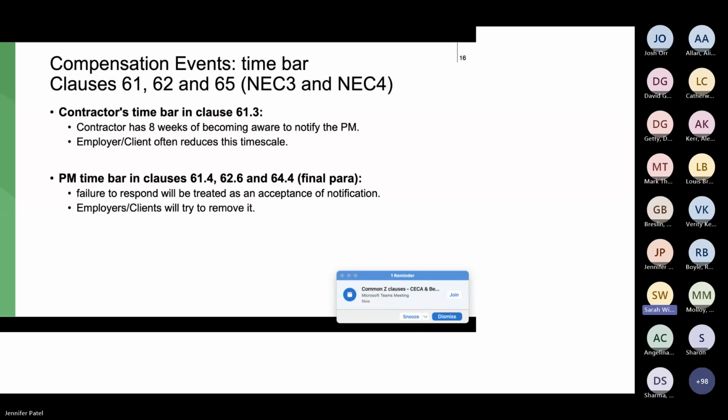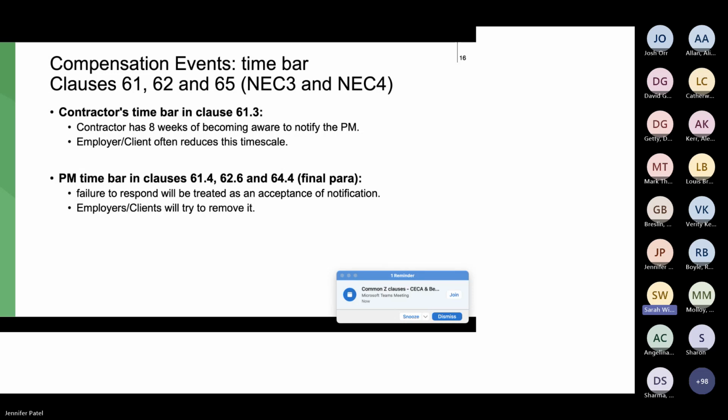The contractor has 8 weeks from becoming aware of a compensation event to notify it. I think it's 7 weeks in a subcontract. This is what I call a killer clause, because the contract says that if the contractor doesn't notify within that timescale, then it loses its right to a remedy. It doesn't get any time, it doesn't get any money.